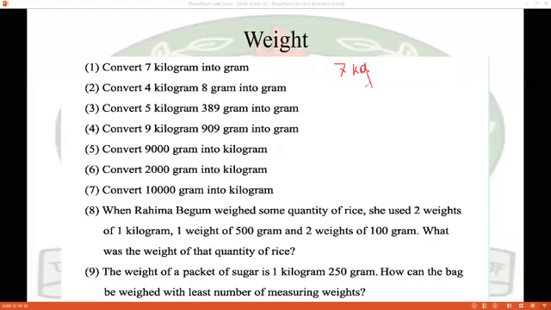We write kg in short form. 7 kg is equal to 7 into 1000 gram. We know 1 kilogram is equal to 1000 gram. So it will be gram. So it is equal to 7,000 gram.